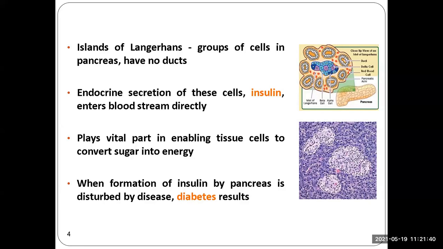The exocrine pancreas secretes enzymes into the digestive tract, which help in the breakdown of fats and proteins, whereas the endocrine pancreas secretes hormones like glucagon and insulin directly into the bloodstream, and these help in the control of blood sugar levels.